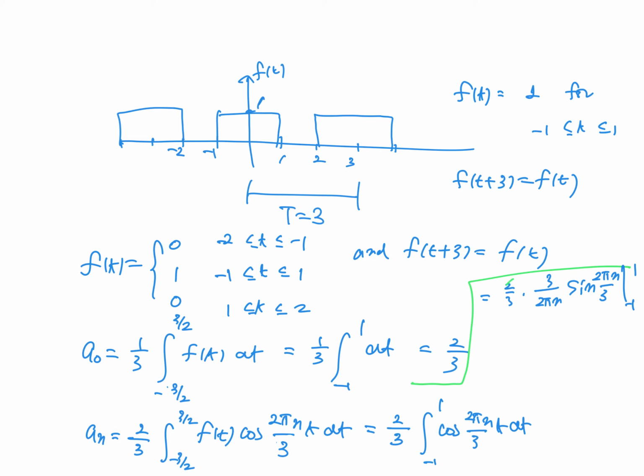So they cancel this, and this is 1 over pi n times sine of 2 pi n over 3. So that's your an.